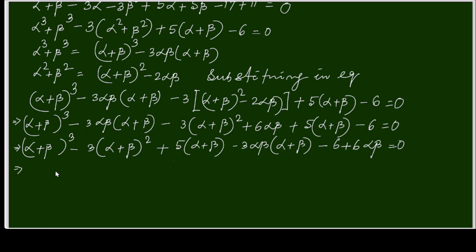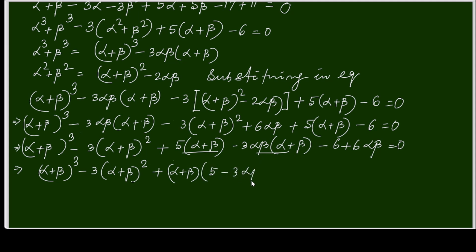The first two I am taking as it is, alpha plus beta whole cube minus 3 alpha plus beta whole square, and here I'm taking alpha plus beta common from the third and fourth term, getting 5 minus 3 alpha beta, and here I'm taking minus 2 common, so I'm getting 3 minus 3 alpha beta equals 0.